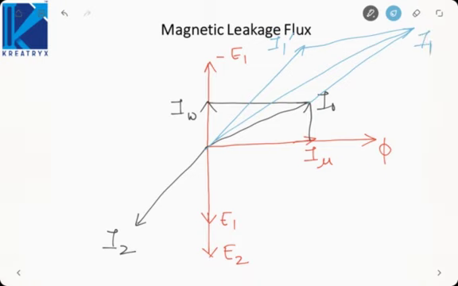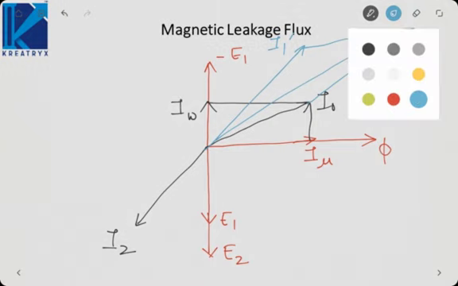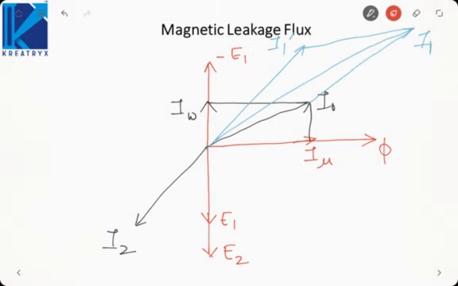Now due to this I2 we will have the leakage flux phi L2, and due to this current I1 we will have the leakage flux phi L1.